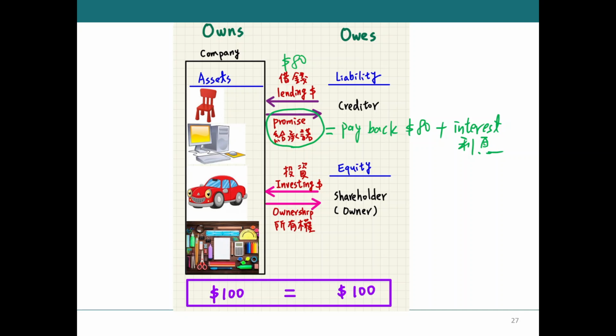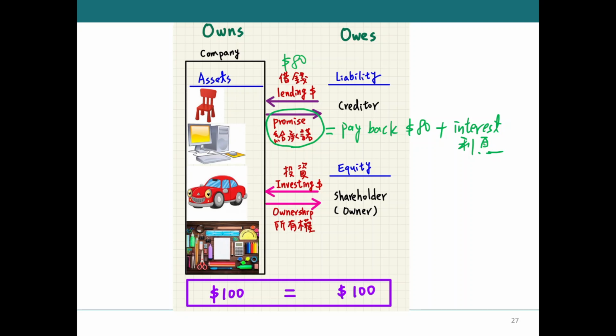But you find out $80 is not enough. Why? Because you need $100 to buy all the stuff. So it means you need $20 more. So what should we do? Go to investors, right? Ask whether investors are willing to give you $20.